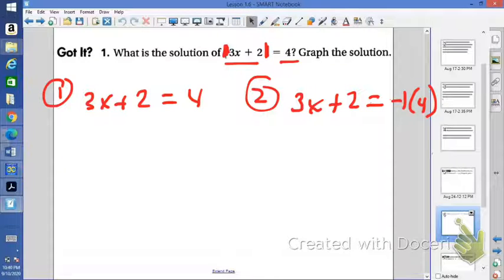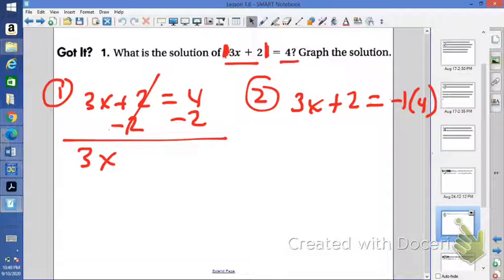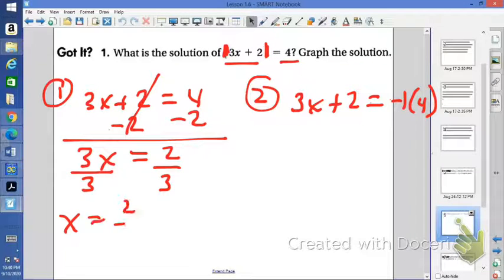Then go ahead and solve. Subtract 2 from both sides, divide by 3, so x equals 2/3. For the second, the right side is -4 now, so we subtract 2.